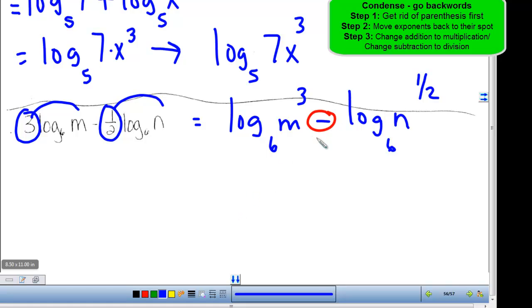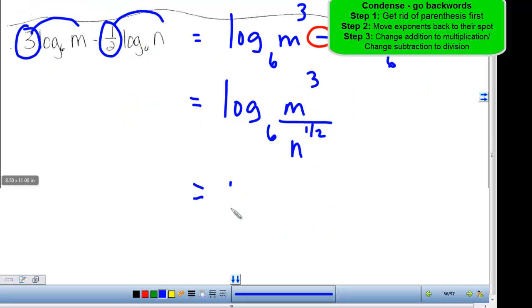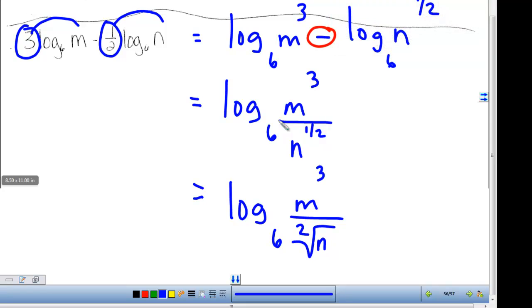So this means we need to divide when we condense. So I have log base 6 of m to the third divided by n to the 1/2. N to the 1/2 is the square root of n, but we do not write the little square.